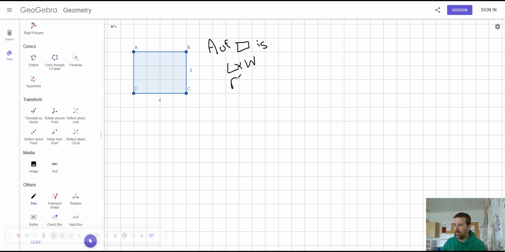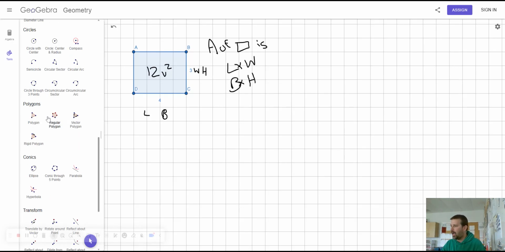If you think of it as base times height, that's probably more useful because a lot of our other formulas, including parallelograms, are going to build off of that. Two dimensions is why it's units squared. So 12 units squared. 2 dimensions gets the little 2.